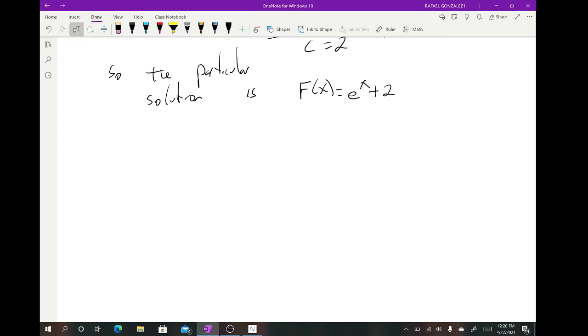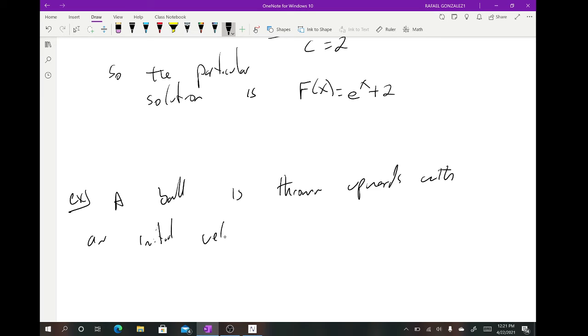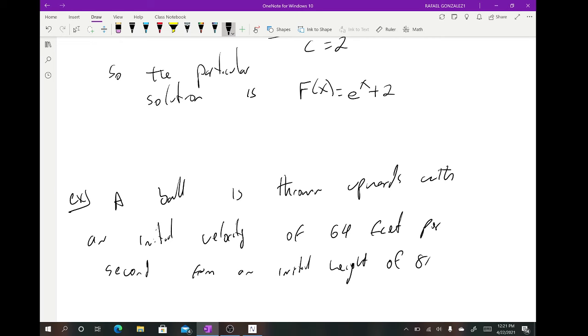So, for example, let's say you have a ball that is thrown upwards with an initial velocity of 64 feet per second from an initial height of 80 feet.